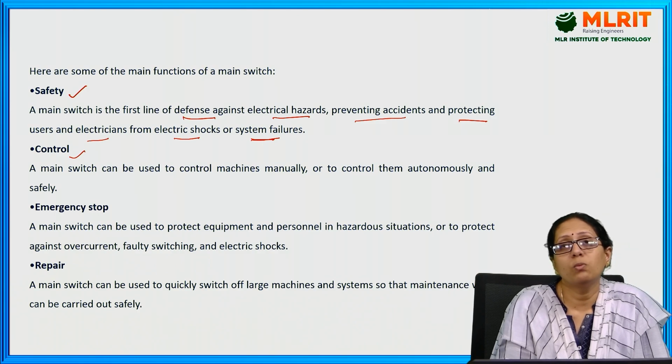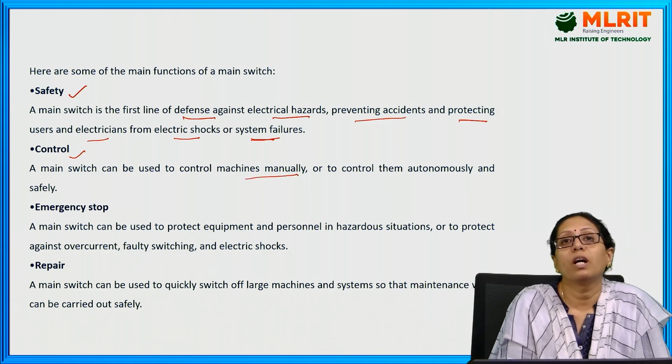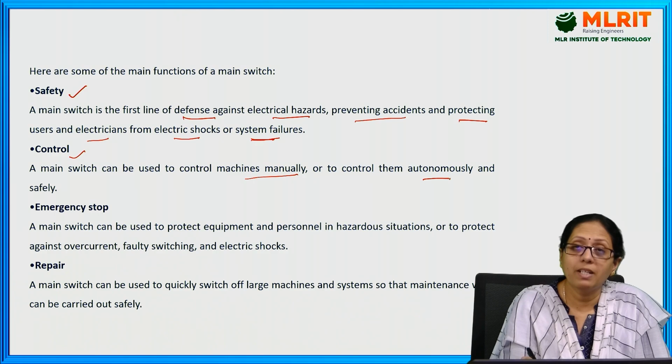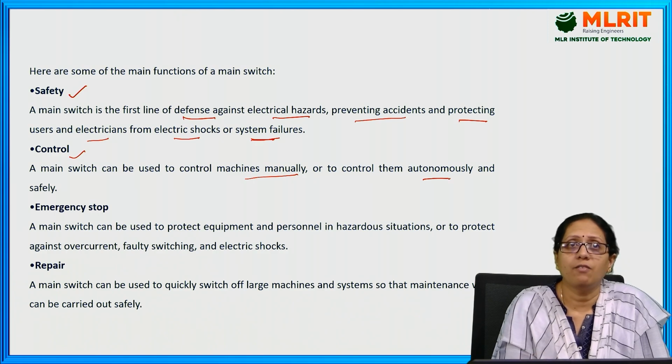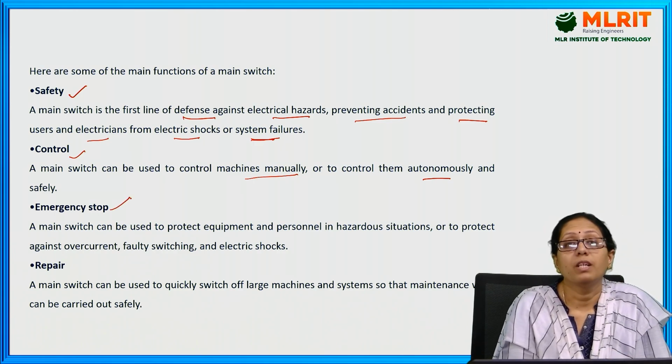The second thing is control. The main switch can be used to control the machines manually, or to control them automatically and safely. Next one is emergency stop.